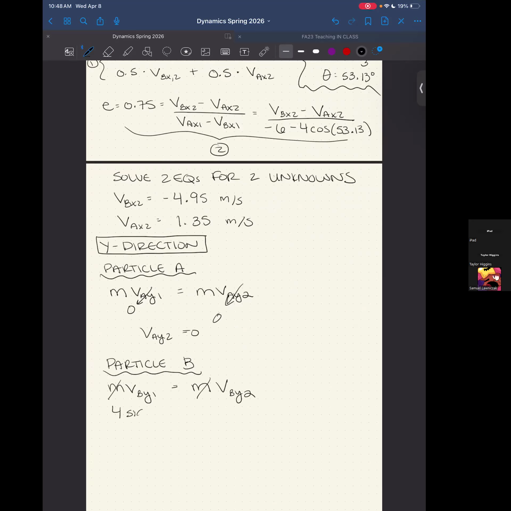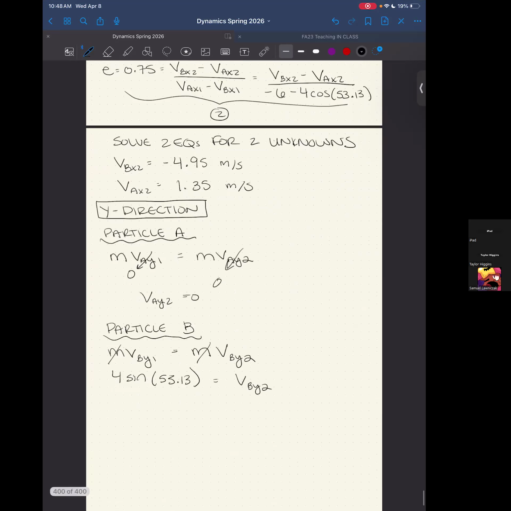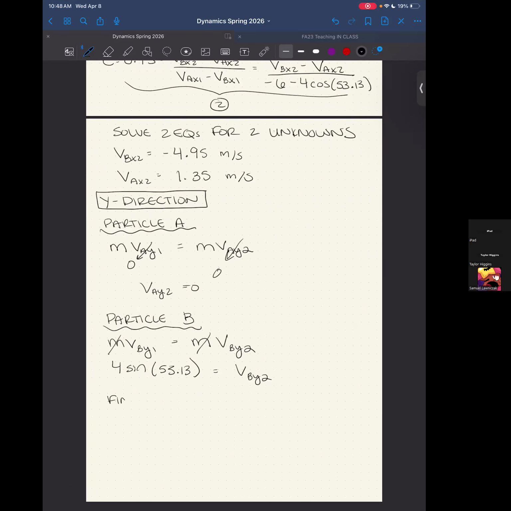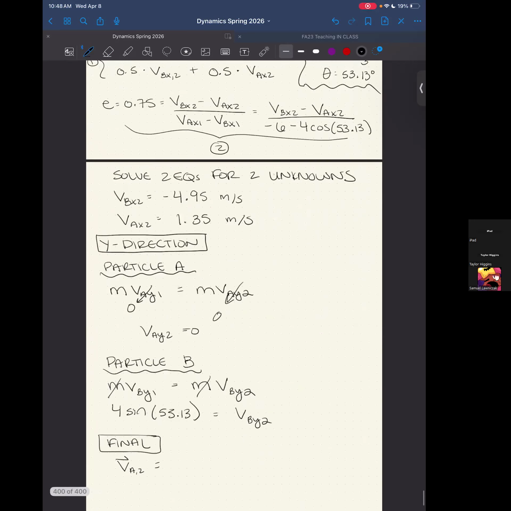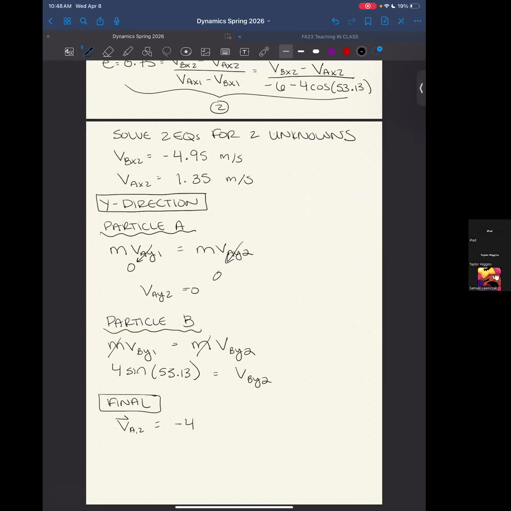4 sine 53.13 equals VBY2. Okay, so then we need to put it all together. VA2 in the X direction, it's moving minus 1.35.